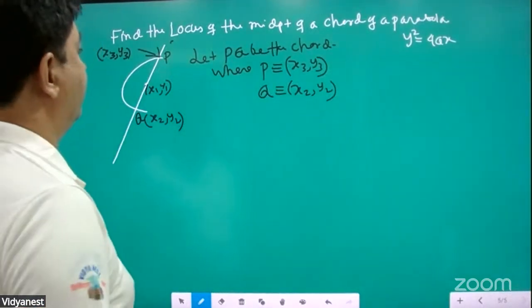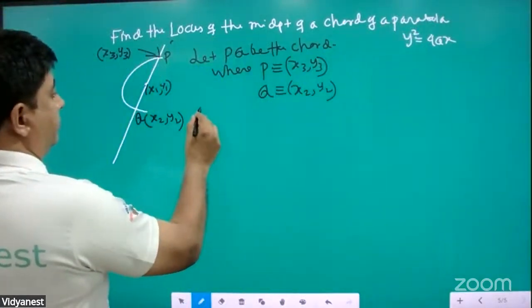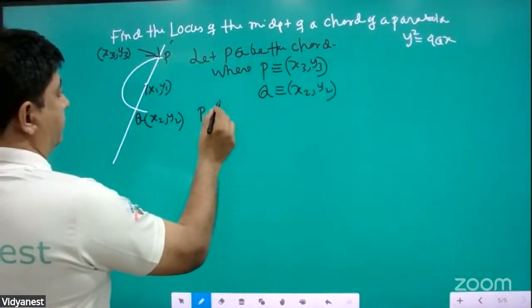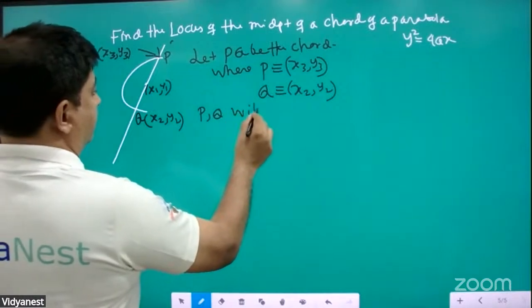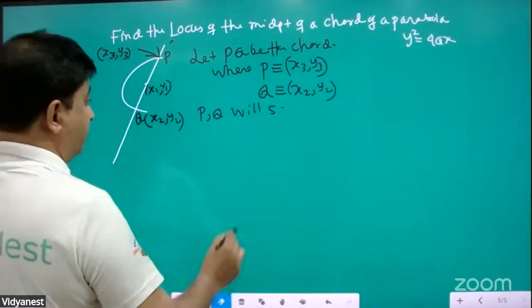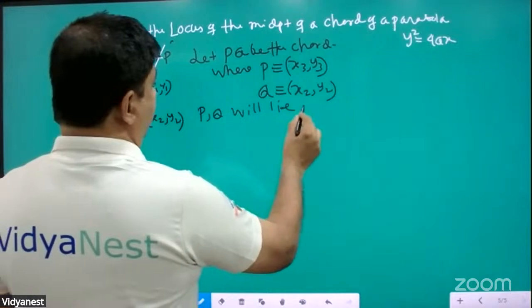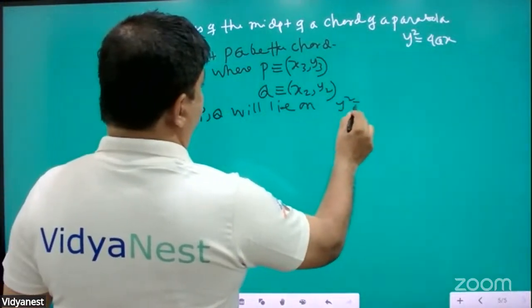Now both the points will satisfy the equation. PQ will lie on y square is equal to 4ax. It is clear. The figure depicts that.